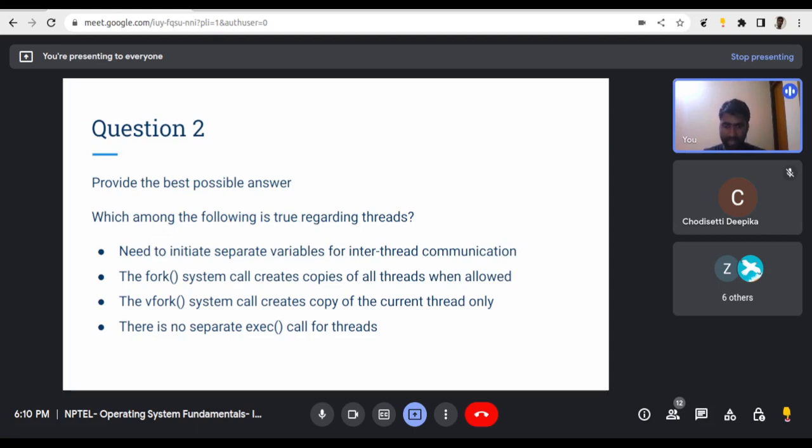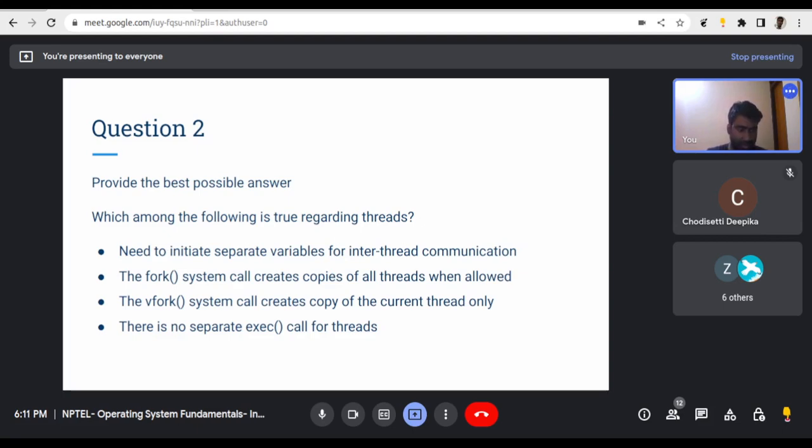That is, the exec system call that was used for processes stays the same for threads also. So which among the following is true regarding threads? There can be multiple correct statements also.